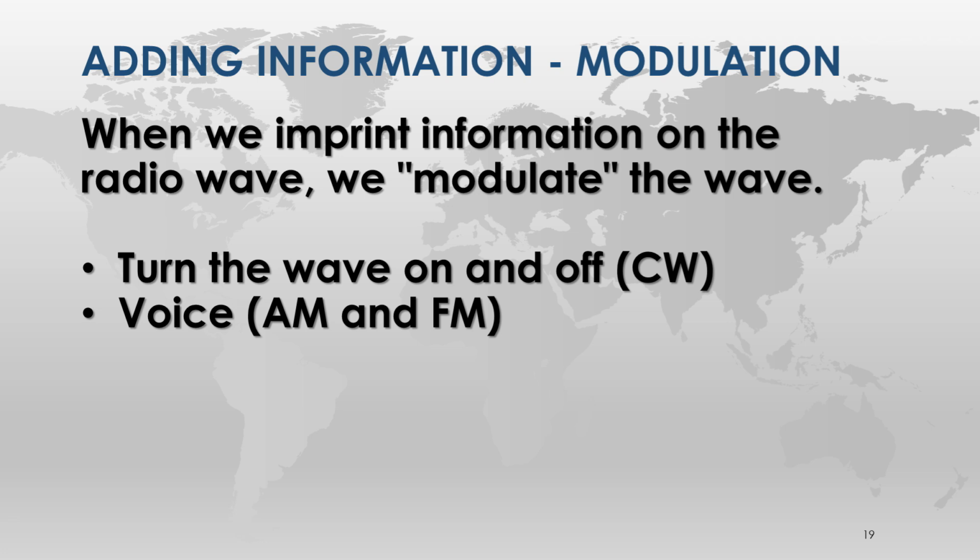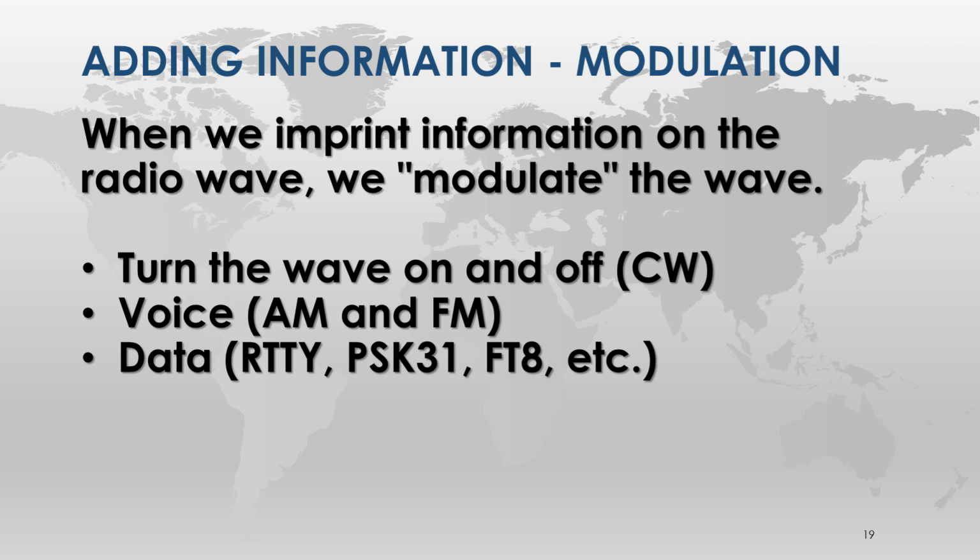We can code the information and modulate it. Data is RTTY, which is radio teletype. PSK31, I don't remember what it stands for. FT8, that should say zombie mode, not FT8. You click CQ and you walk away, go to the restroom, and get a cup of coffee, you come back, oh, hey, I've got a contact. So I call it zombie mode. But, hey, you can get some stuff.